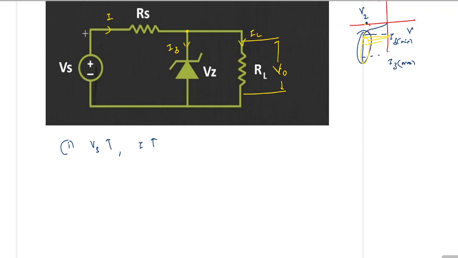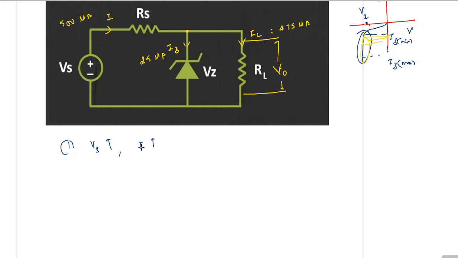Imagine I earlier was, for example, 500 microampere, out of which the current flowing through the diode is say 25 microampere. The remaining current flowing through the load is 475 microampere.